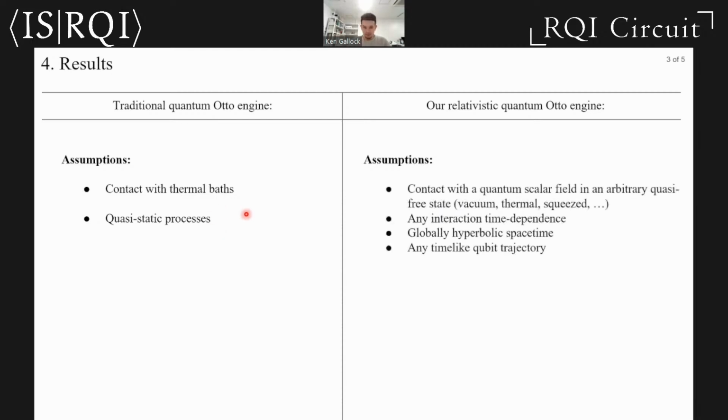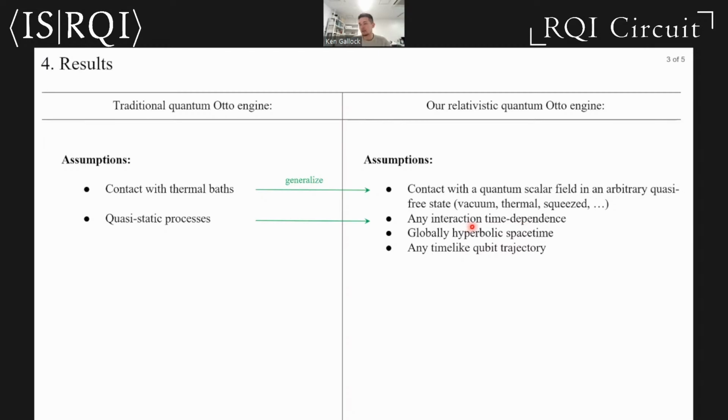Now, in our case, we're basically generalizing this assumption to something like this. So the qubit doesn't have to be interacting with the thermal bath, but instead it can be a quantum field in an arbitrary quasi-free state. Okay? So this includes the thermal bath, thermal state, and also the quasi-static process is now instead considered to be an arbitrary time-dependent interaction.